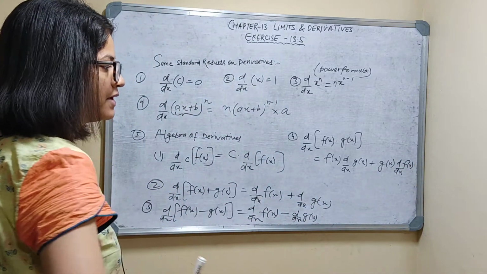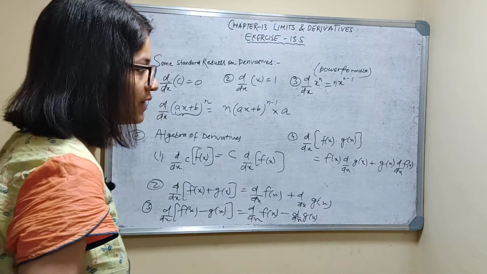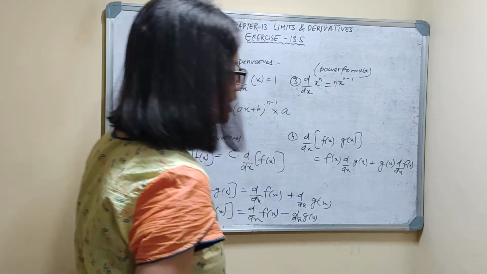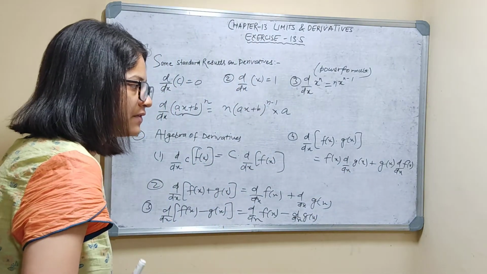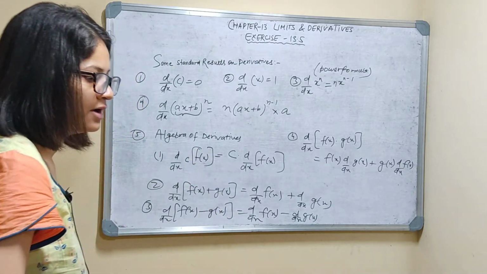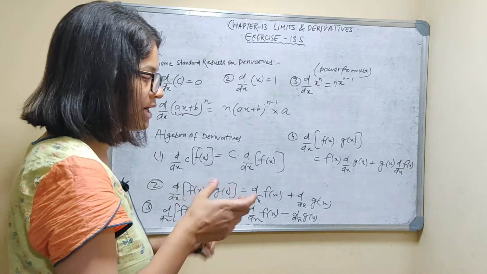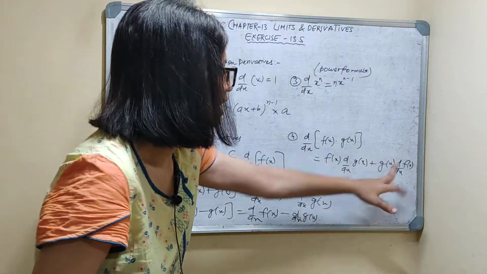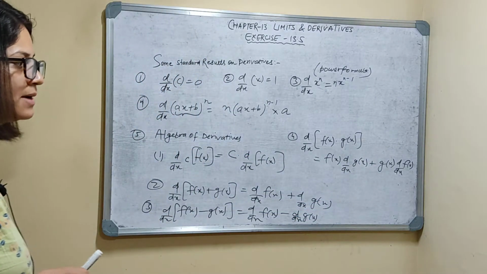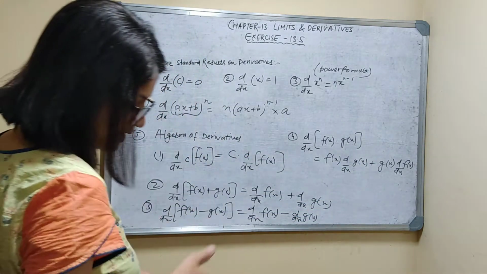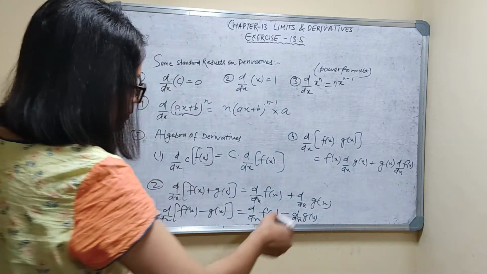Once you have to find the derivative of g(x) and multiply with f(x), plus once you find d by dx of f(x) and multiply with g(x). This is called the product rule.